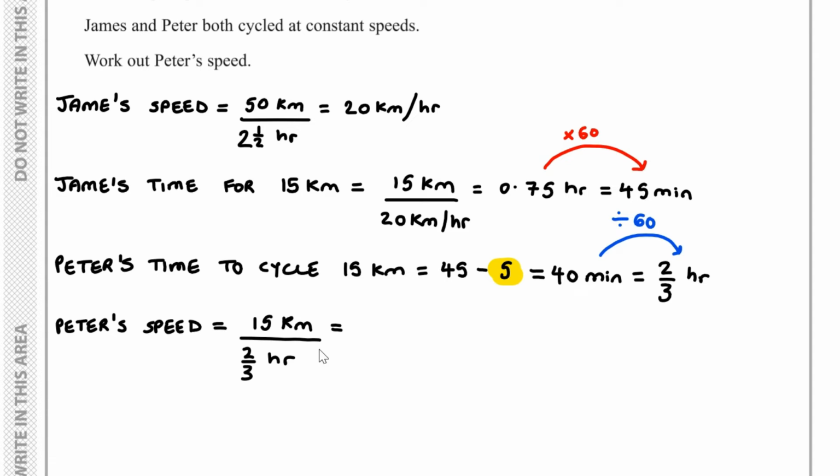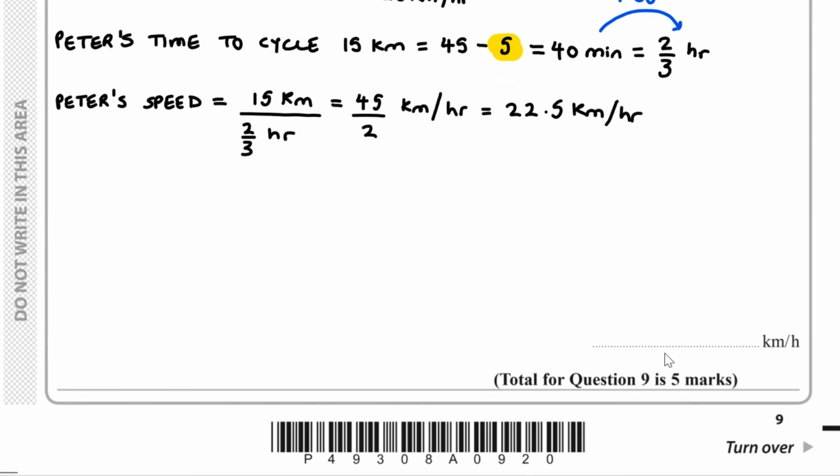If we work this out, this is the same as 15 times 3 divided by 2, which is 45 over 2. So we've got 45 over 2 kilometers per hour. And if you want to write this as a decimal, this is the same as 22.5. So we've got 22.5 kilometers per hour.